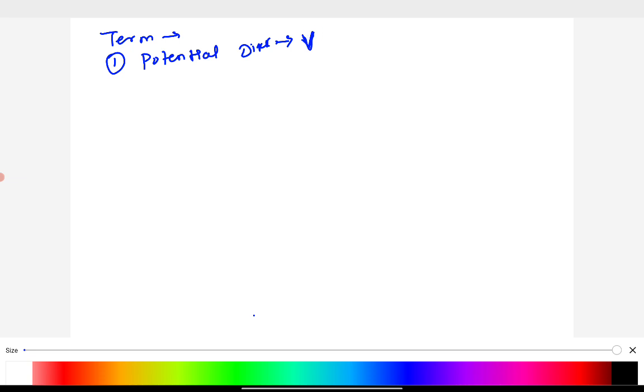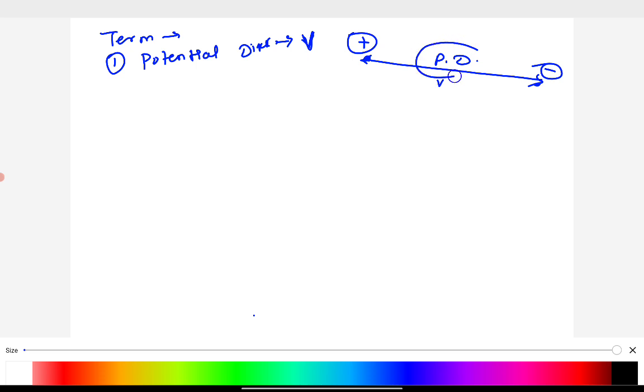There are 2 points, a higher point and a lower point. The difference between these 2 points, from the positive point to the negative point, is known as potential difference, and it is denoted by V.